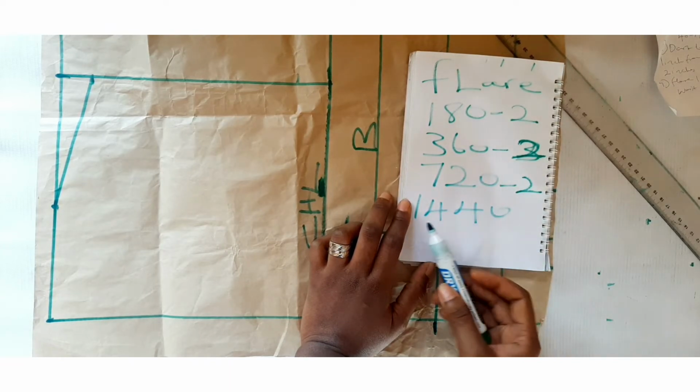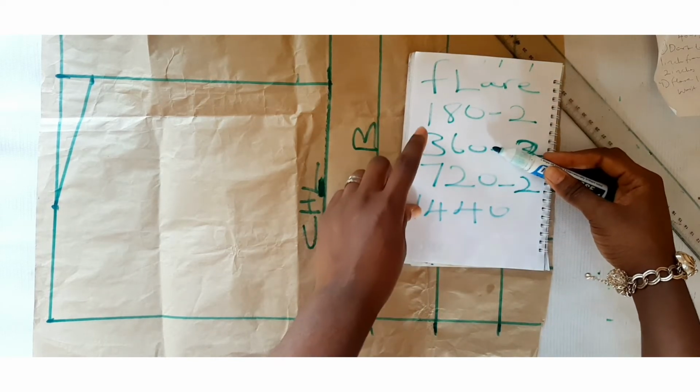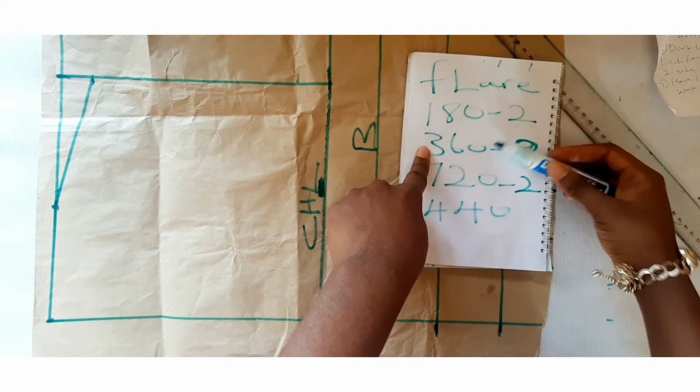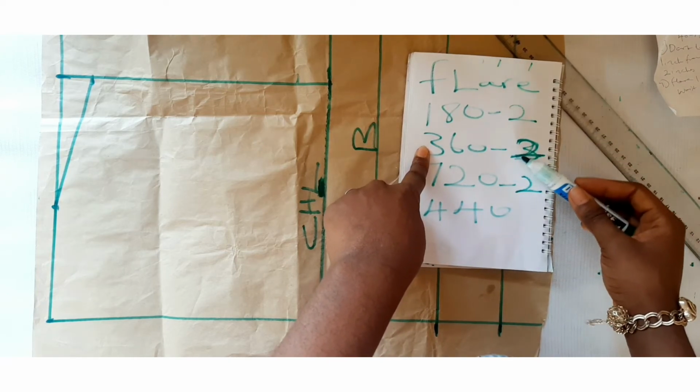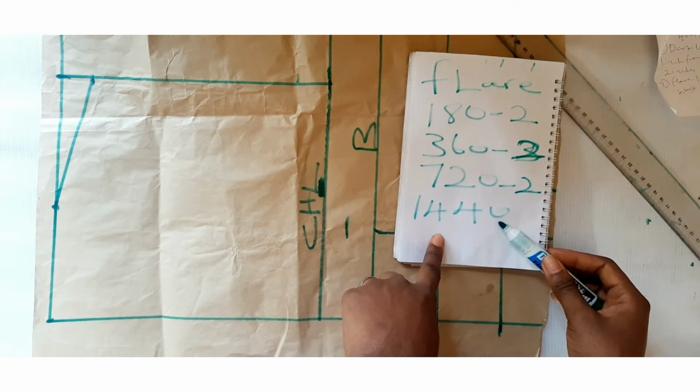That is, for you to get this 1440 degree flare, you're going to cut this 360 into 4. 1, 2, 3, 4 to give you 1440 flare.